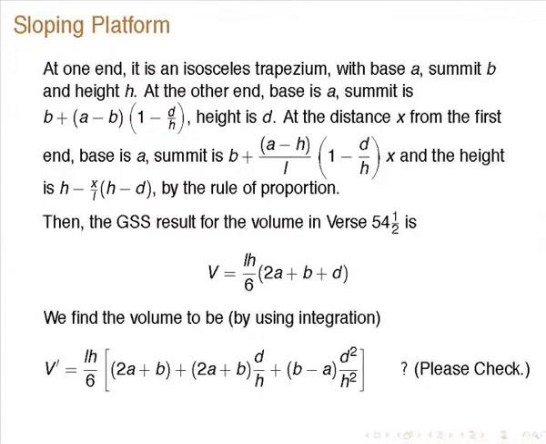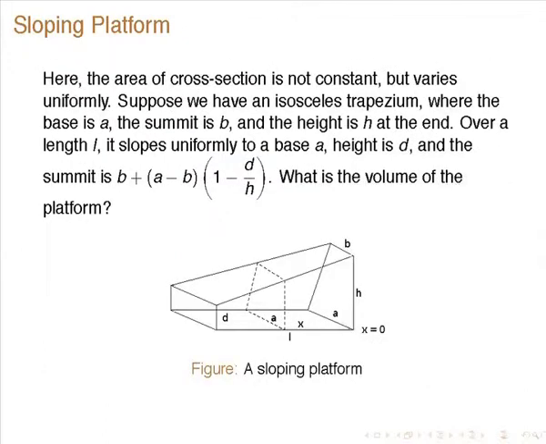Then at some intermediate position, how much is the cross section? The base will be A only. One can show that the top width is B plus (A minus B) into (1 minus D by H) into X by L. So this is sloping uniformly.